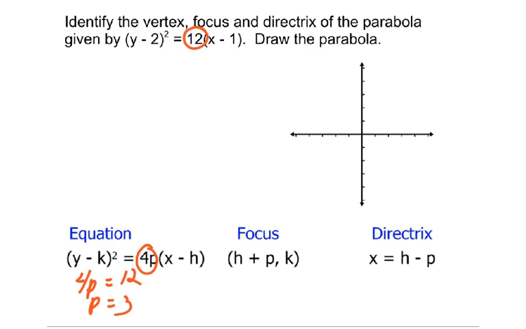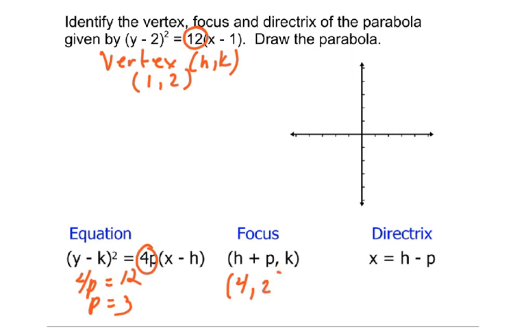Our vertex in this case is going to be 1, 2. Remember, the h value is with your x and the k value is with your y. Since our focus is h plus p, k, our focus is going to be 1 plus 3, which is 4.